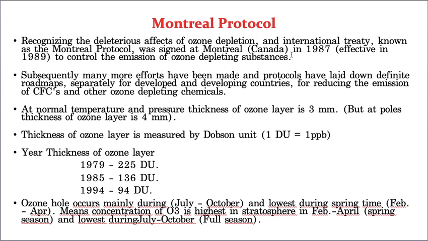Of course, it was signed in 1987, but it became effective from 1989 to control the emission of ozone depleting substances. So, hope you understood the meaning of the Montreal Protocol.